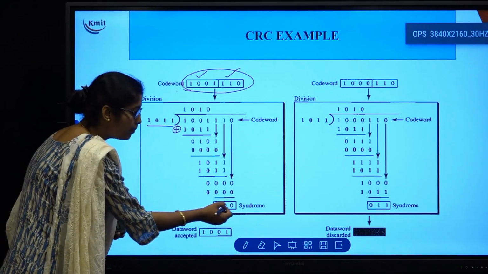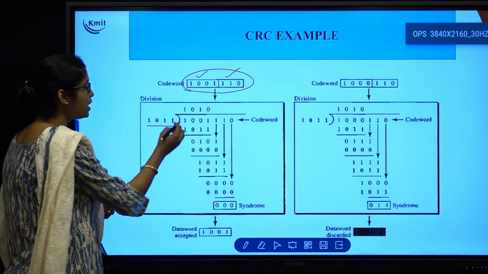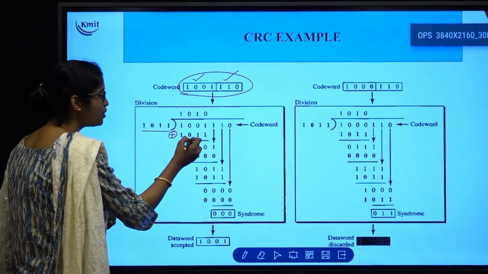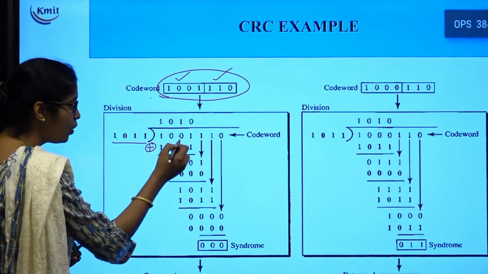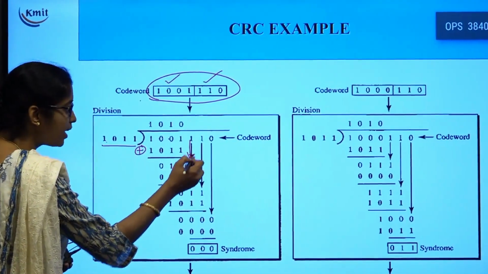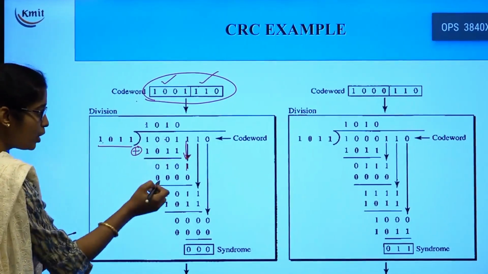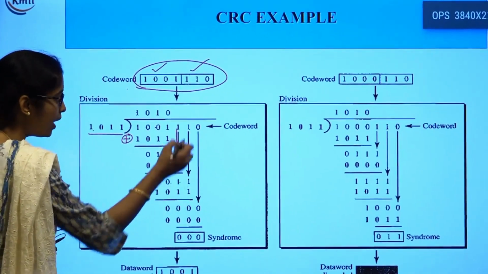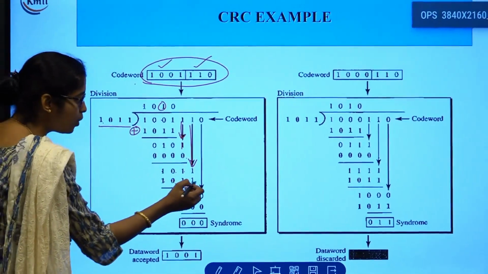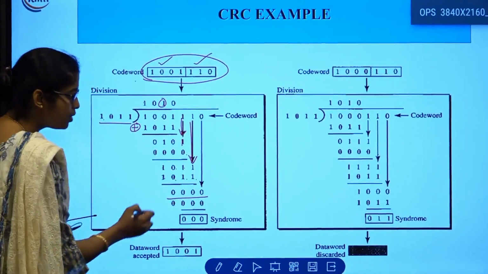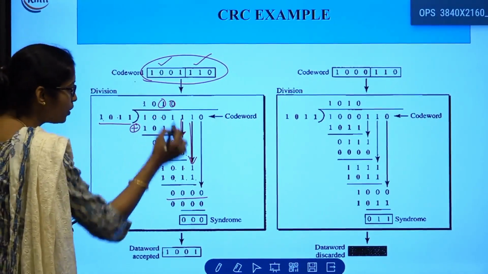We should get a remainder which is all zeros. If I do one time, I will get 1011. Now I will do XOR division, that will give me 0, 1, and then I will take the next one here. Then I will do it 0 times, then I will get 101 and take down the next one. Again I will do it 1 time, I will get 1011, then I will get all zeros. And again 0 times I will get 0.